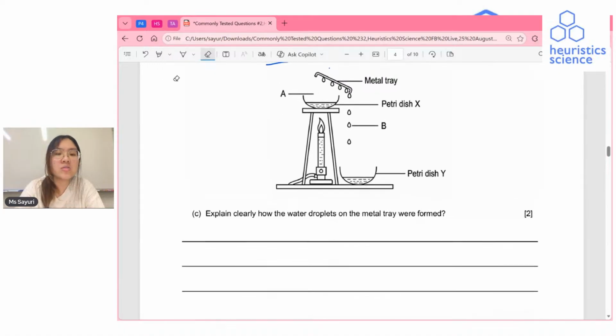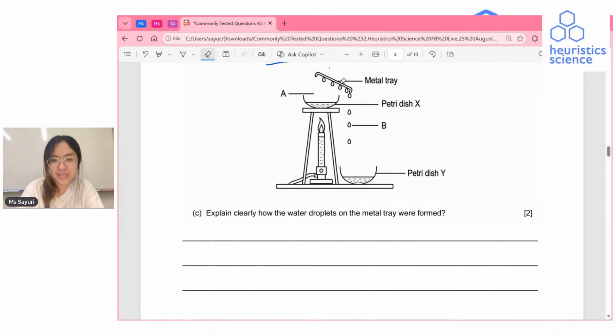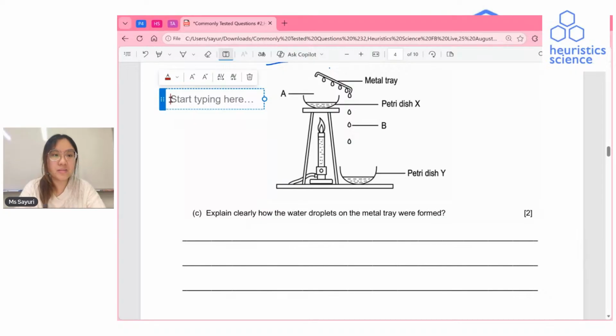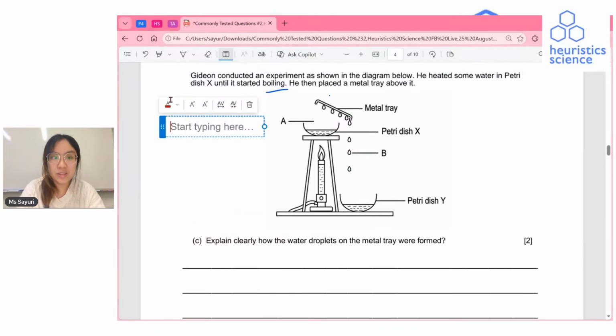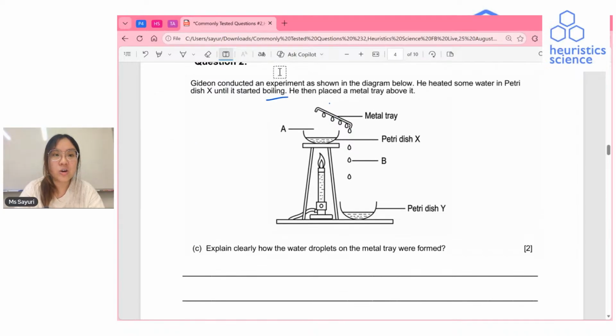Okay, so standard question, how are water droplets formed on the metal tray? All you need to do is to tell me. You can tell me steam, you can tell me warmer water vapor. But you look at the context of the question again. He placed a metal tray above it. It's when it boiled, then he put the tray there.